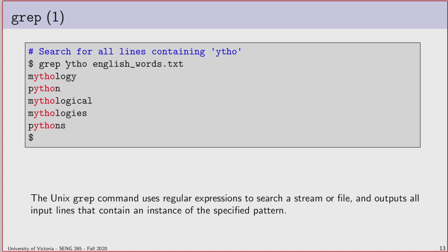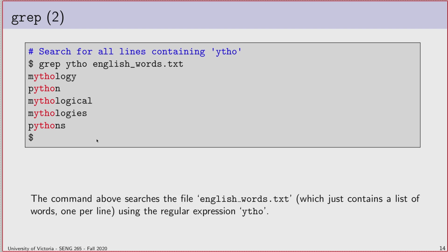So in this case, the pattern I'm giving is just a bunch of regular characters, and so it just prints, it turns out this is actually a regular expression, but it's a pretty basic one. It's just asking, does the line contain YTHO? And this is the list of lines that get printed out. All right, so I want to start with this as the most basic form for talking about regular expressions, because hopefully the idea of searching our list of English words is easy to identify with.